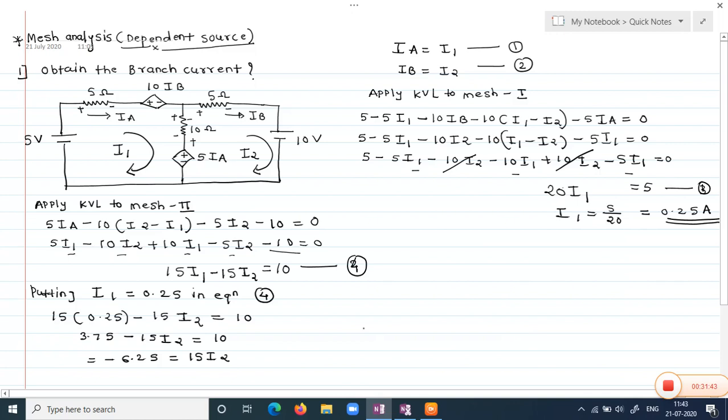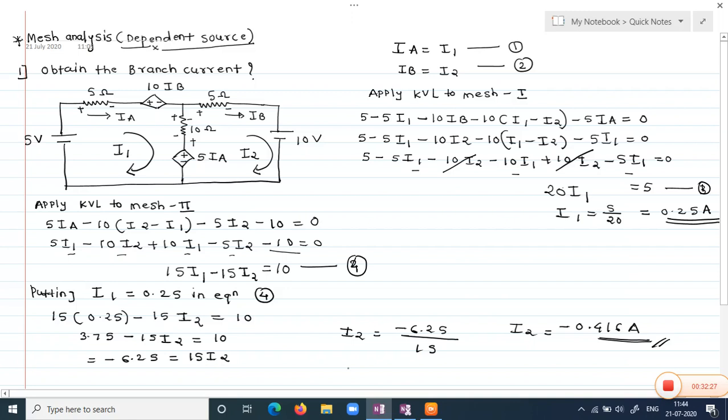Then I2 you can easily find out. I2 is nothing but minus 6.25 divided by 15, means I2 you will get minus 0.416 ampere. Then what is your aim? Our aim is to find out the branch current.